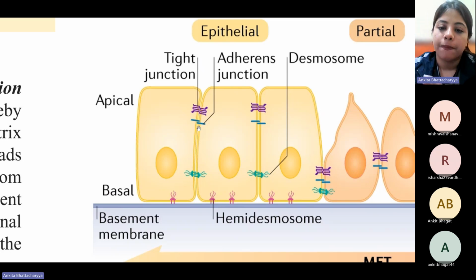There are desmosomes and hemidesmosomes which are also present between cell and cell matrix or cell basement membrane interactions. Think of them as nut bolts, which are keeping all of these screwed together in between cells and between the cell and membrane. All these interactions are present.